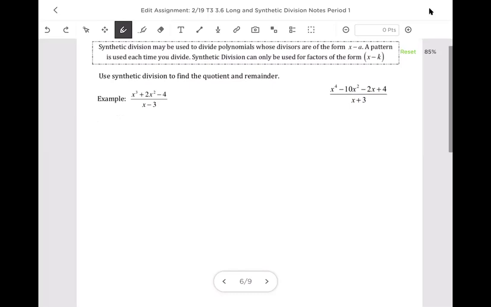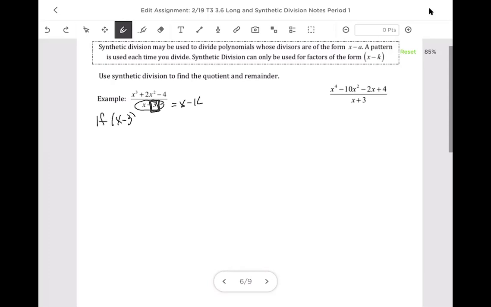You take this, which is x minus k, and this number, so you're not focusing on the negative, but if I asked you what the 0 was for x minus 3, you would say 3. So if x minus 3 is the factor, the 0 is 3. Let me write that down.